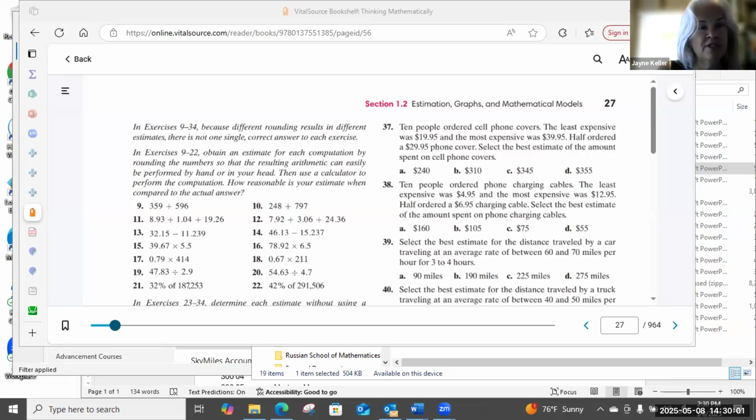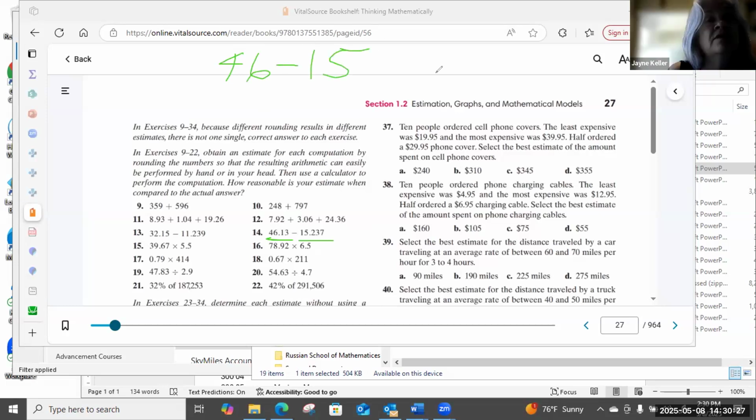So which one did I want to do? 14. So 46.13 minus 15.237. For that one, it doesn't say, so I'm going to round it to the nearest whole number because that'll make it easier. So what do I round this to? 46, right? Yep, 46. And I round this to 15.